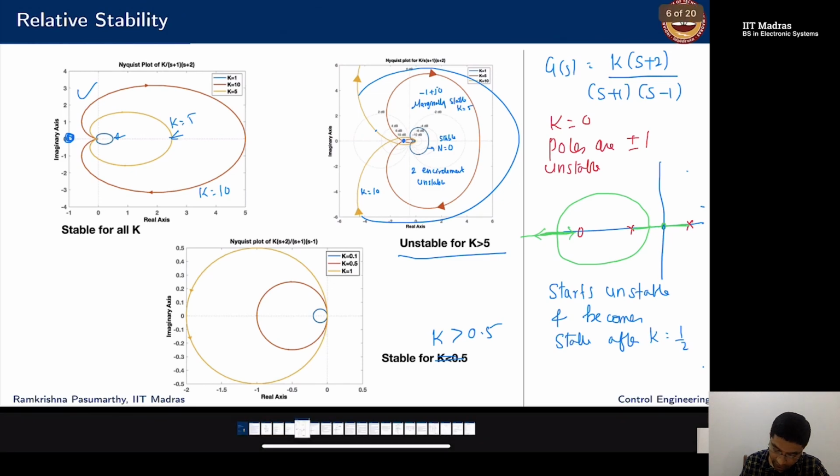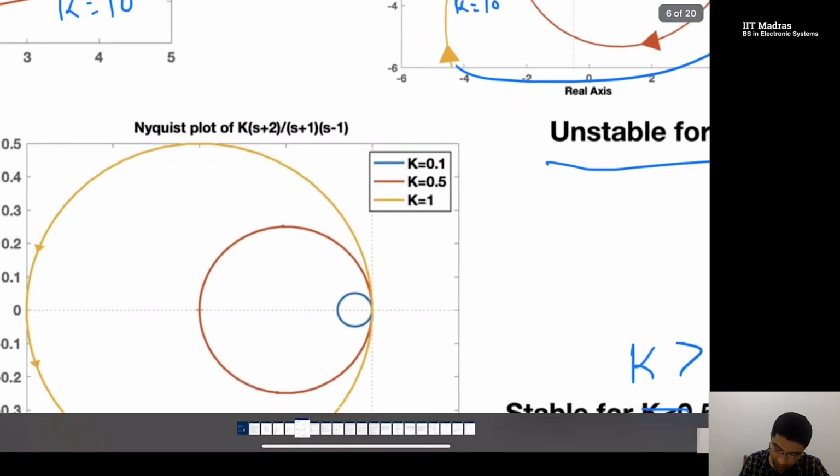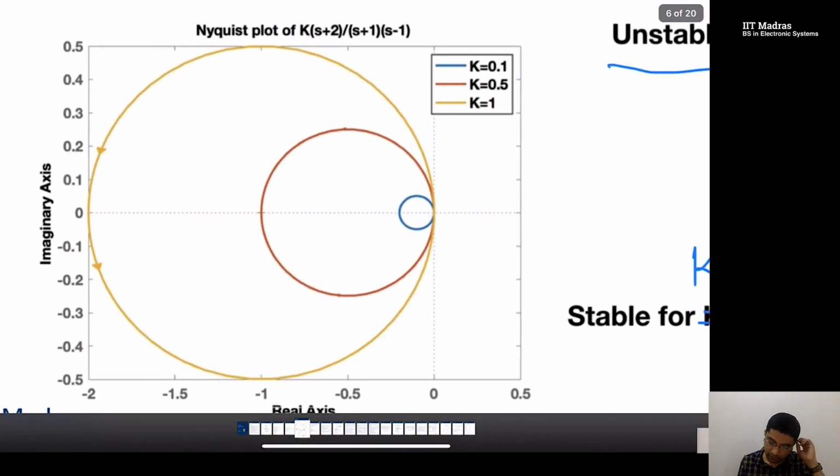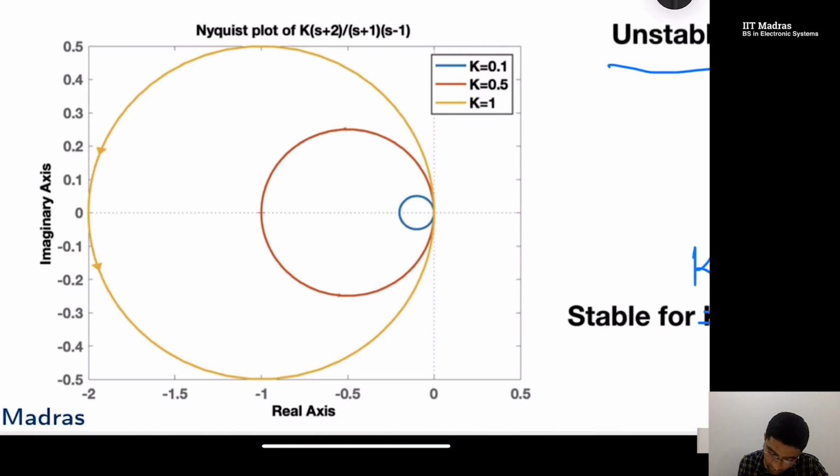Let me check the Nyquist plot. At k equal to 0.1, where is my point? -1 plus j0 is here. N equals P minus Z, where P is the number of open loop unstable poles.